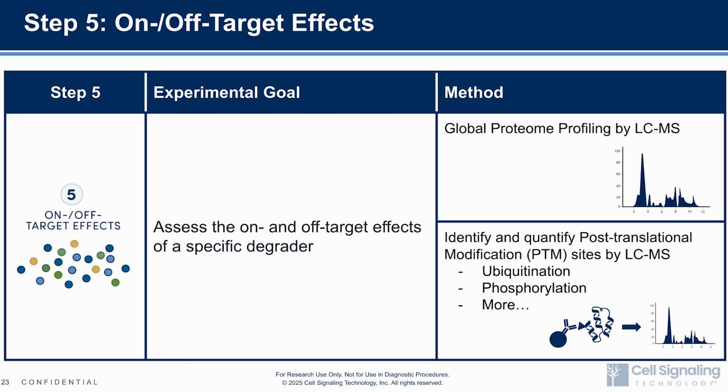Essentially, before drug, after drug, what proteins go up and down? Are other things changing in response to that degrader? And if you want to look more at specific post-translational modification sites, whether it's a ubiquitination site or a phosphorylation site related to signaling and many more things, then you can use antibodies to pull down those specific post-translational modifications and assess them by LCMS.